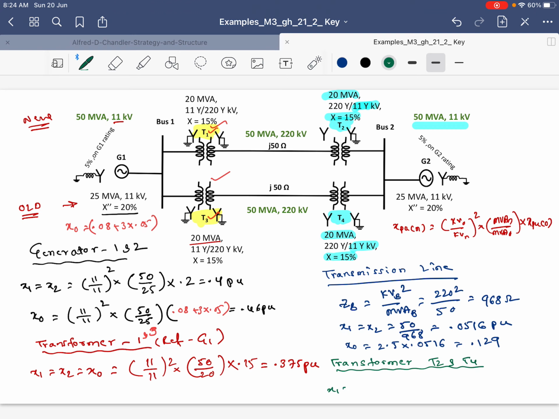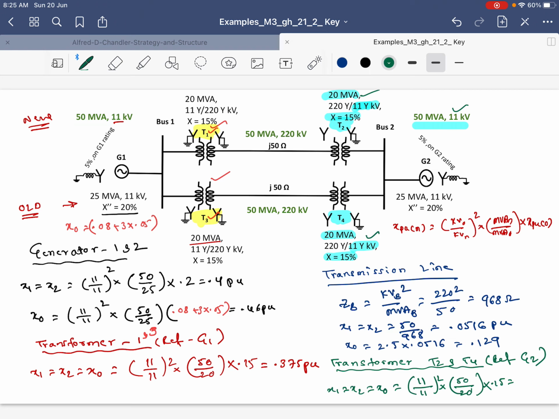T2, that is x1 is equal to x2 is equal to x naught is equal to, I am referring to generator 2 side. kV old is 11 kilovolts towards the generator side, kV new 11 kilovolts, divided by 11 whole square, into MVA new is 50, MVA old is 20, and reactance is 0.15.